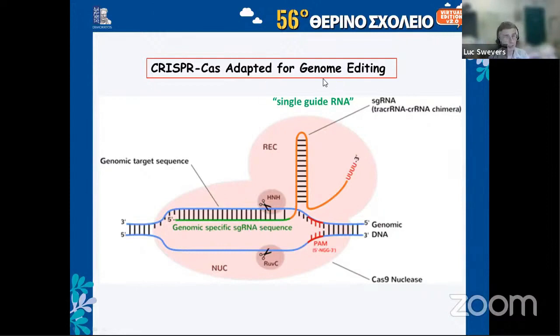So the single guide RNA consists of two regions: a structural region, which allows it to bind to the Cas9 nuclease, the Cas9 protein, and the other one is then the spacer sequence, which will hybridize to the DNA at the target.